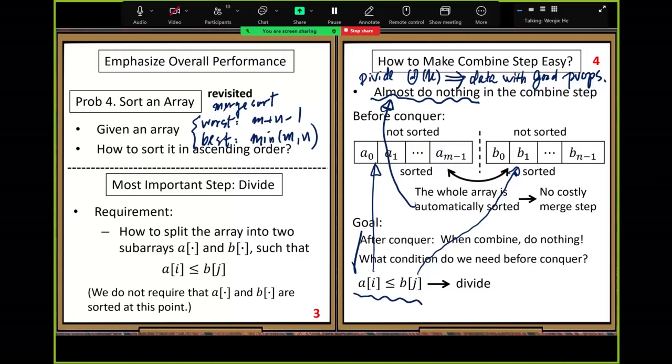And then in the conquer step, we call our recursive functions on these two subarrays to get them ordered. So that's the conquer step. Then after that, we combine them.